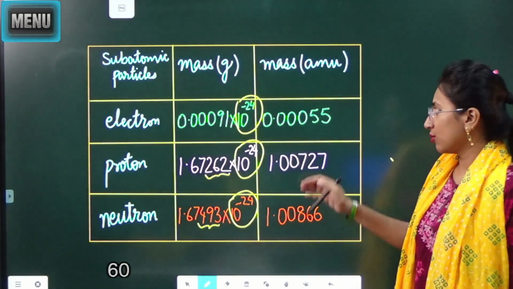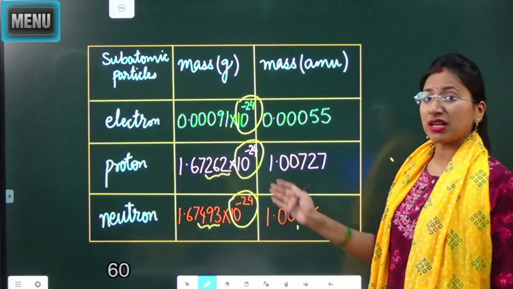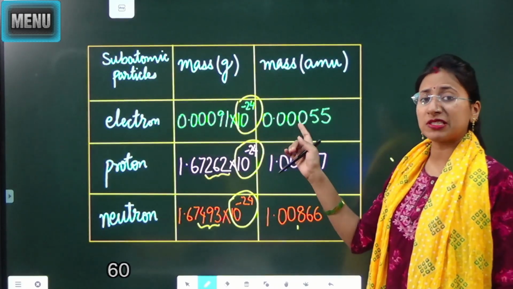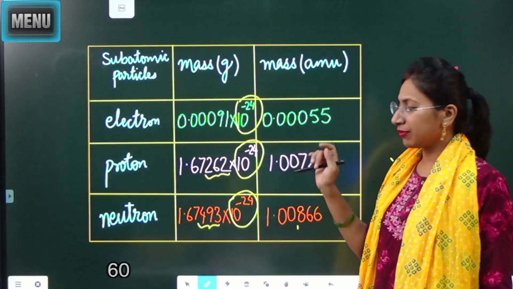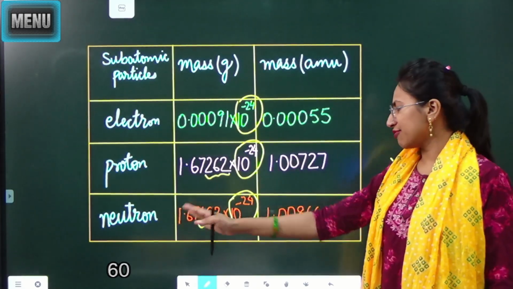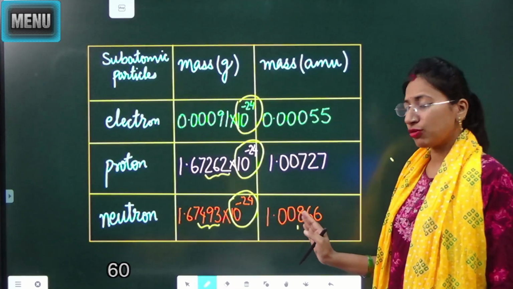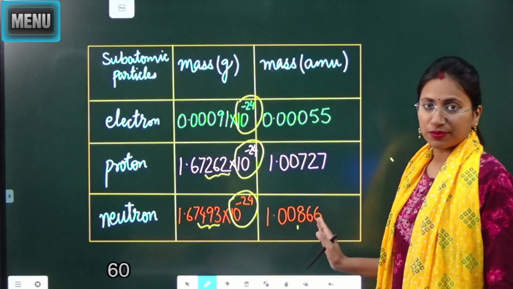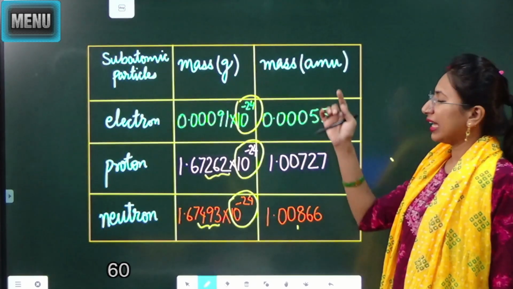Now in terms of AMU, mass of electron will come out as 0.00055. Mass of proton is 1.00727. Mass of neutron will come out to be 1.00866. This value is in AMU.